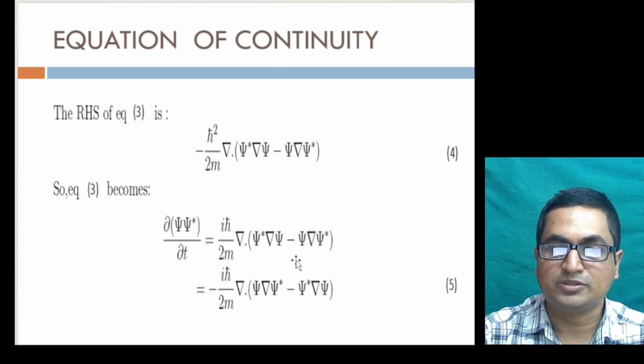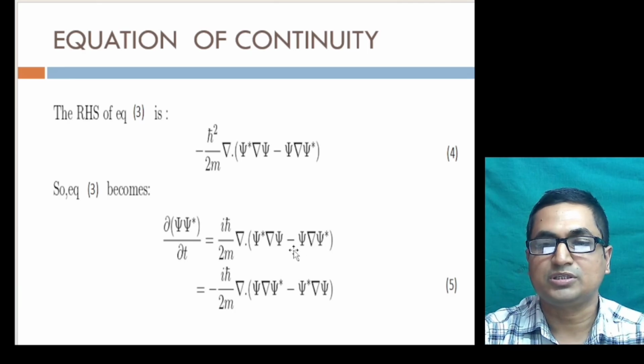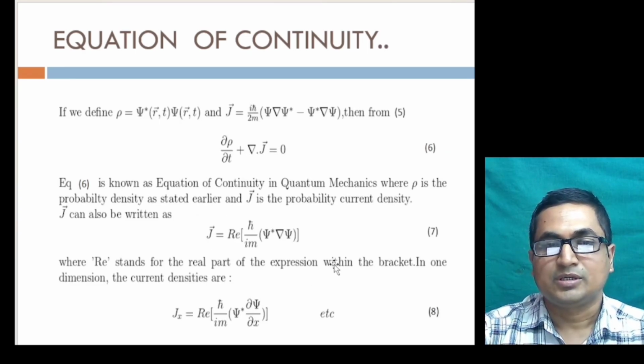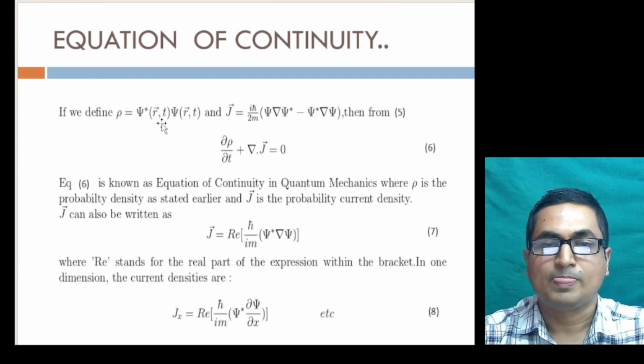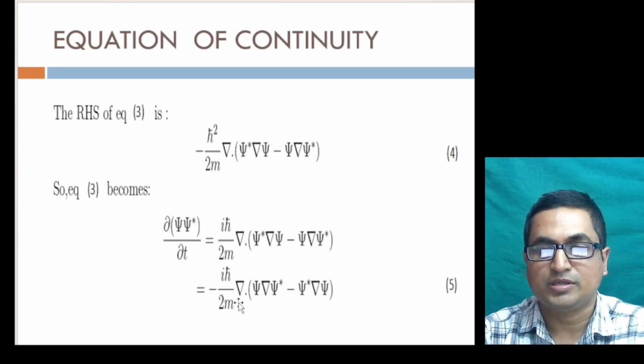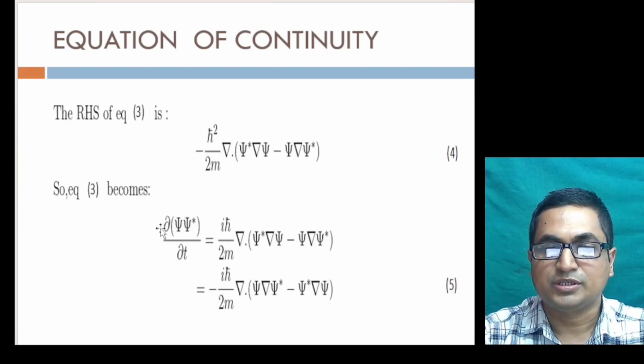Interchanging the minus sign between these two terms, we have minus iħ by 2m ∇ · (psi ∇psi star minus psi star ∇psi), and this gives equation number 5. In equation 5 we define psi star psi as rho and this quantity as j, so we are left with ∂rho/∂t minus the divergence of j.